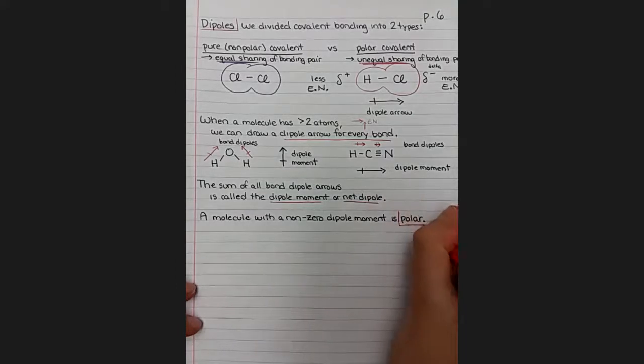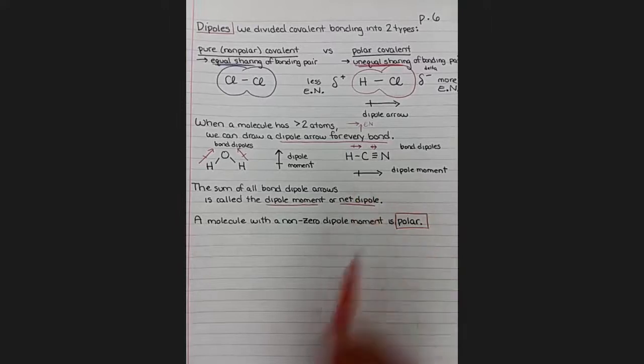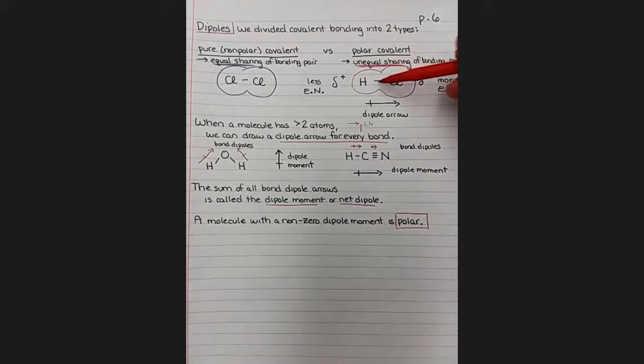Because you can think of the molecule as having two poles, a very electronegative pole and a very electropositive pole. And that's why polar covalent bond is named like this, because every polar covalent molecule that has unequal sharing has one end of the bond or one end of the molecule that has more electronegativity.